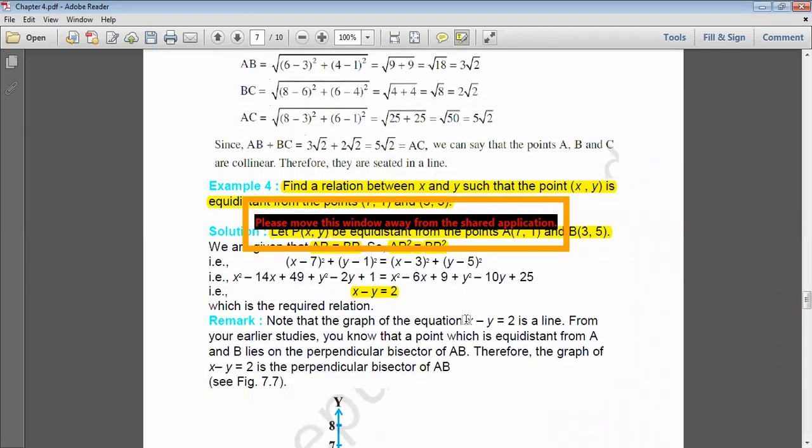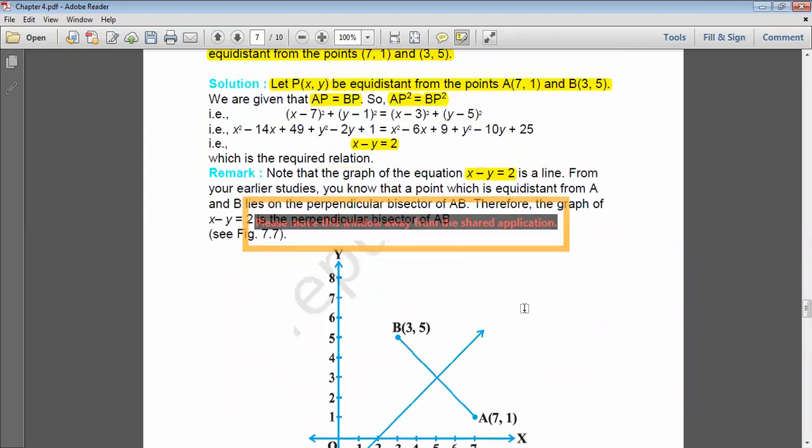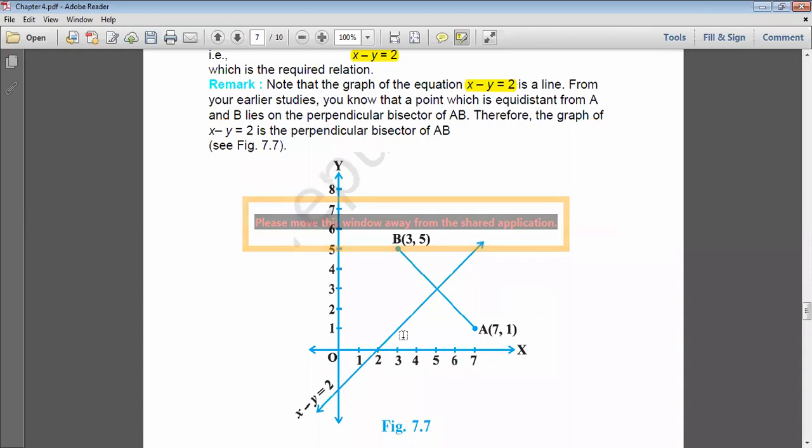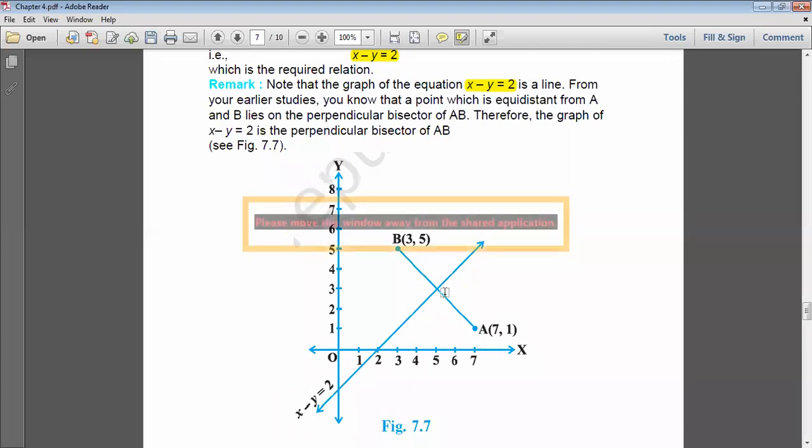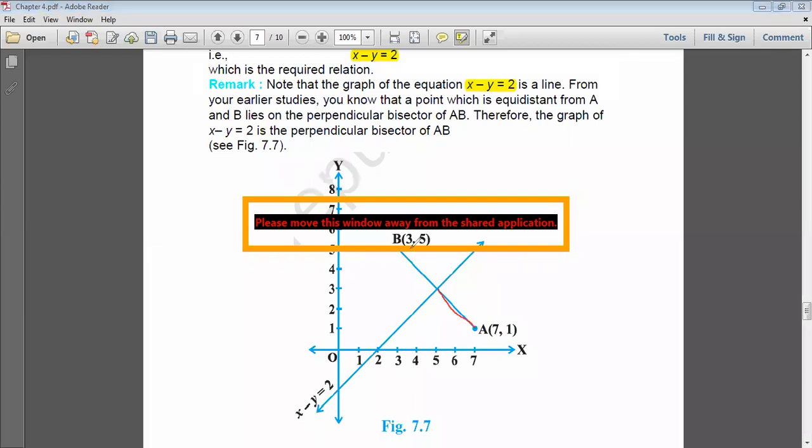And again, if you are plotting this x minus y is equal to 2 as a line, you can see this line x minus y is equal to 2 is bisecting the points A(7, 1) and B(3, 5), which means both the points A and B are equidistant from the line. These distances are equal.